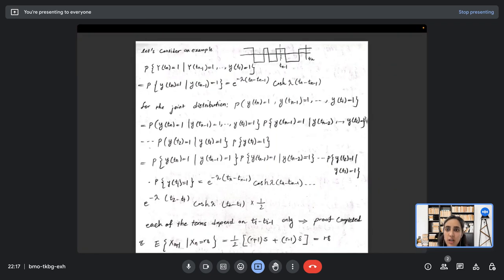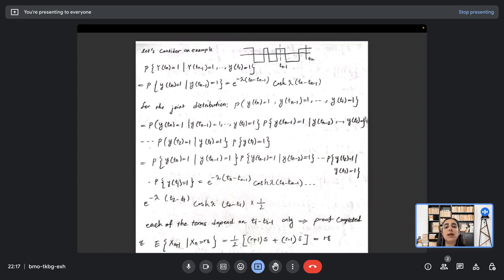So we have this figure, and we write the probability of y of tn equals 1 given y of tn minus 1 equals 1 till y of t1 equals 1. We can omit all of the previous states. Only the most recent previous state is enough to calculate this. So it is equal to the probability of y of tn equals 1 given y of tn minus 1 equal to 1.